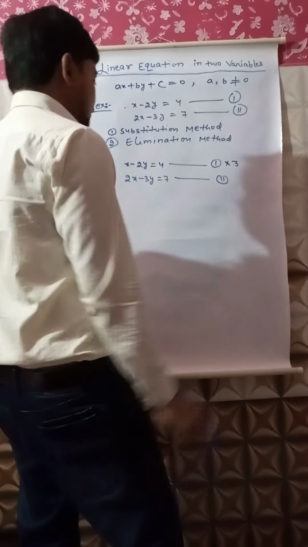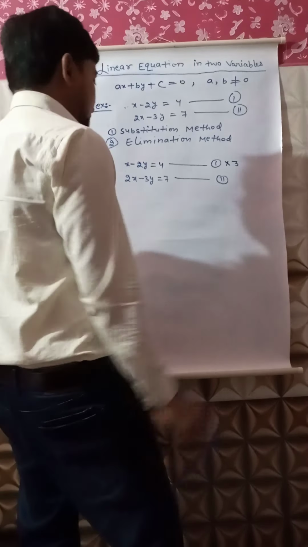In equation 1 we multiply by the coefficient of y of equation 2. Here the coefficient of y is 3, so we multiply the whole equation by 3. And in equation 2 the coefficient of y is 2, so we multiply by 2 to equate the coefficient of y.